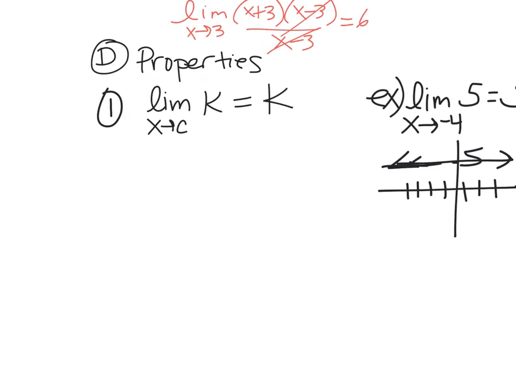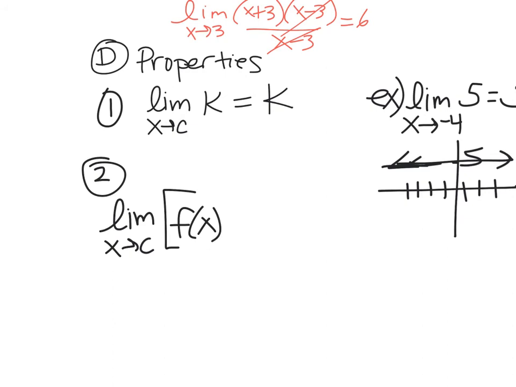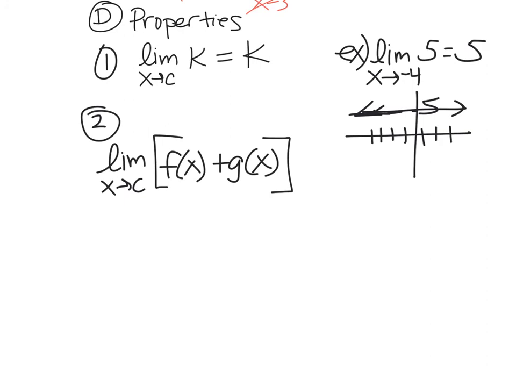Another property is all of our operations. For example, if we have the limit as x goes to c for some function, we have to say that the limit actually exists. And if we do, with plus or minus or times or division, basically you can split it up.